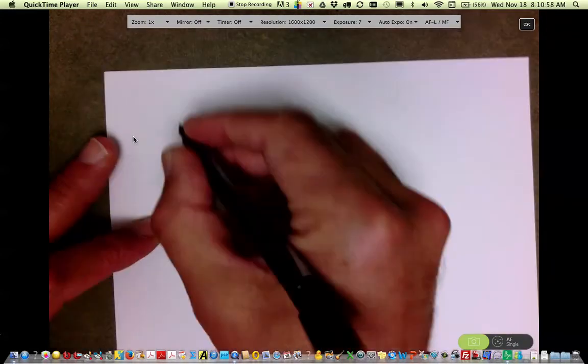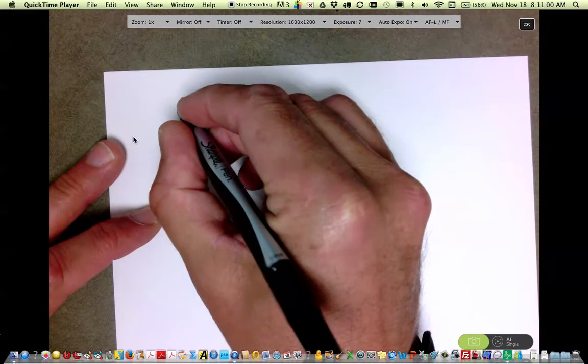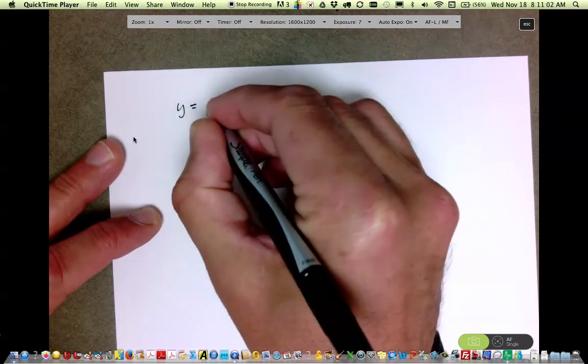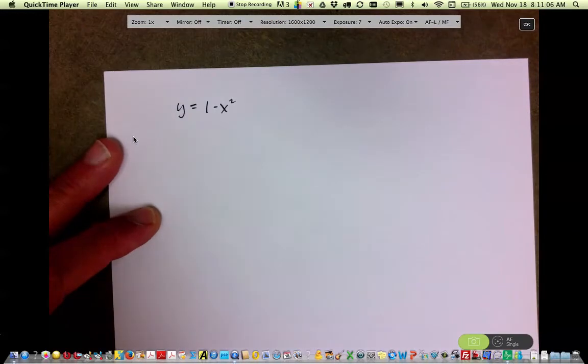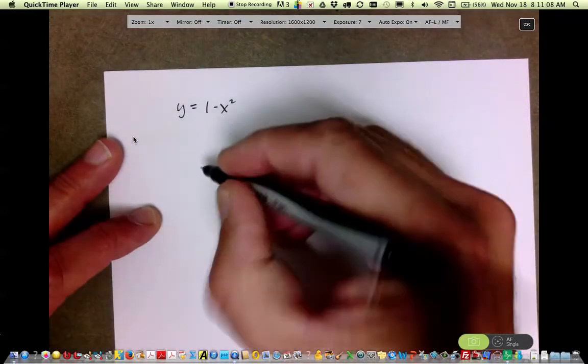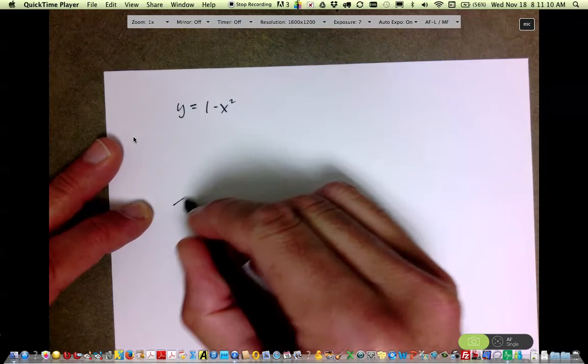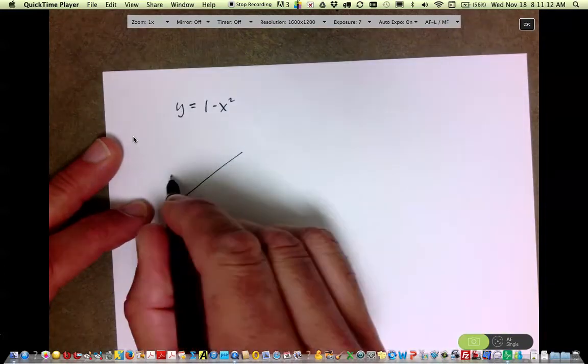In this section, we're going to be covering other kinds of surfaces that are not in the form of z as a function of x and y. For example, suppose we have a surface defined as y equals 1 minus x squared. The graph of it is going to look something like this.